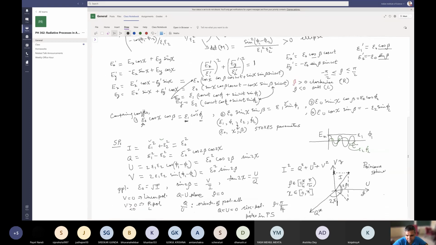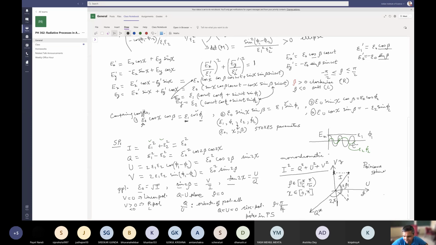Okay. And these are the formulas, this and this, in terms of the Stokes parameters. And this is the relation between I, Q, U, and V for monochromatic light.